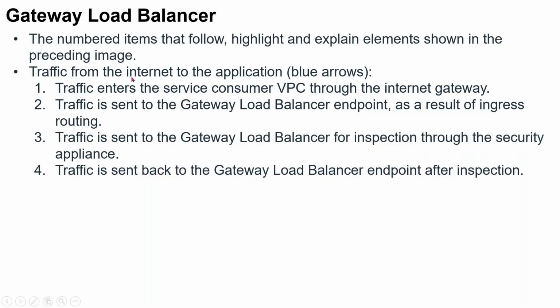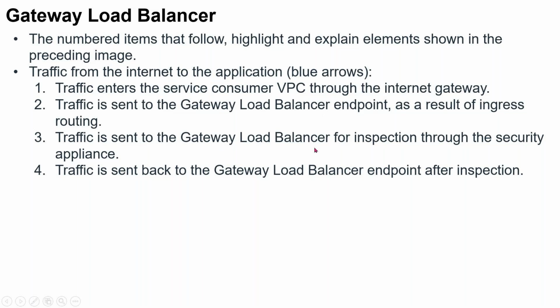But if you want to just understand at a high level what it is going to do, traffic from the internet to the application, how the traffic comes: traffic enters the service consumer VPC through the internet gateway. This is the first entry point into our domain. Then traffic is sent to the gateway load balancer endpoint as a result of ingress routing.